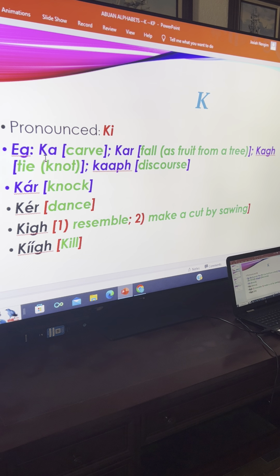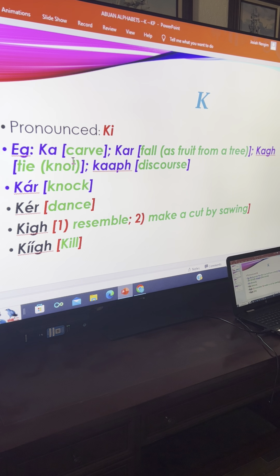If you add the first letter of the alphabet, which is A, remember if you do not tone mark the A, it will sound A. So K, A, that is pronounced Ka. And the word Ka in Abuan translates the English word carve. So that's one example of how to use K.